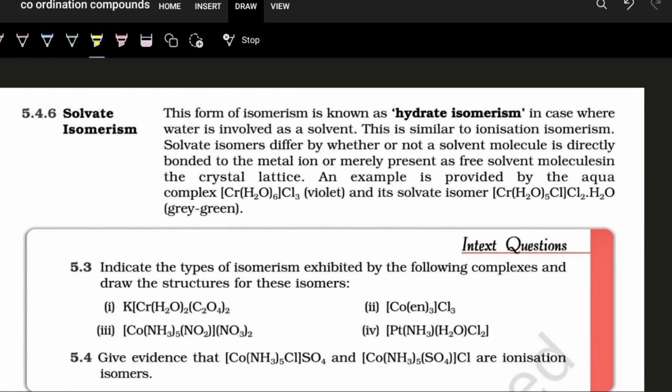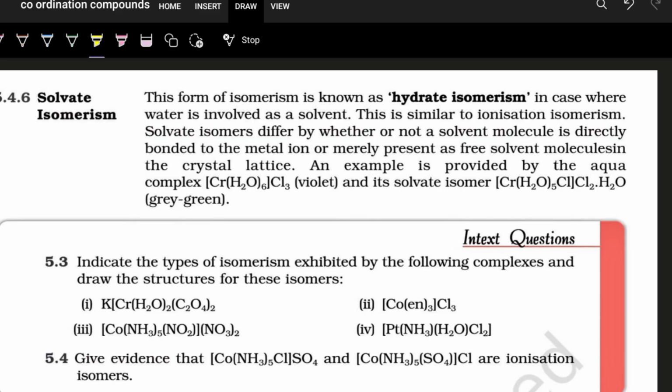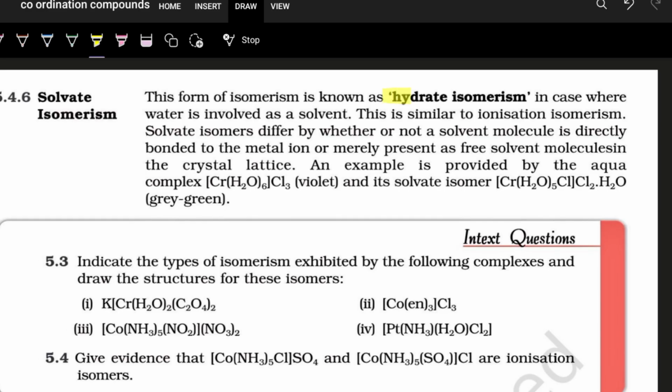Solvate isomerism occurs when you have the solvent molecule as ligand or as the counterpart, if not the ion. If H2O is used, it is hydrate isomerism, and here water is used as the solvent. The solvate isomers differ in the linkage.